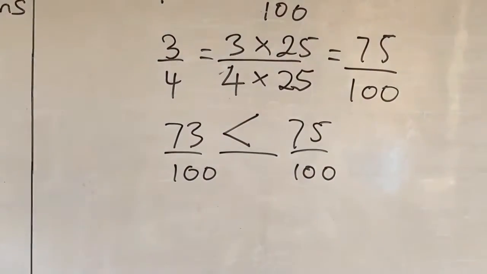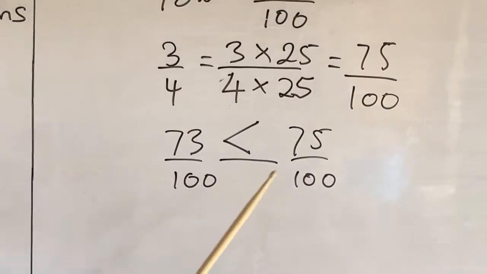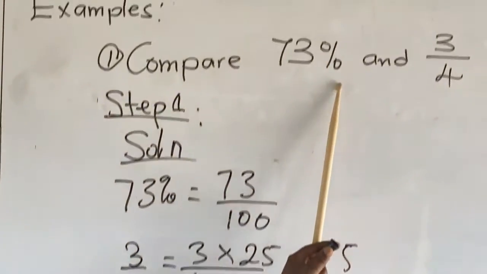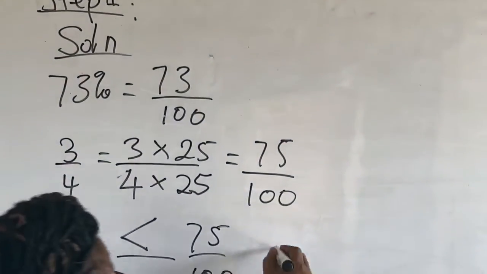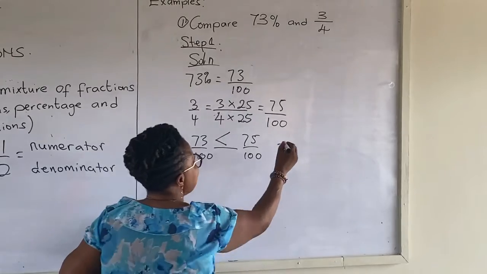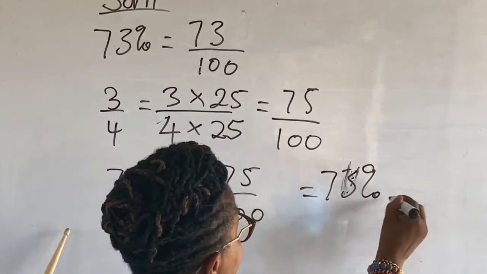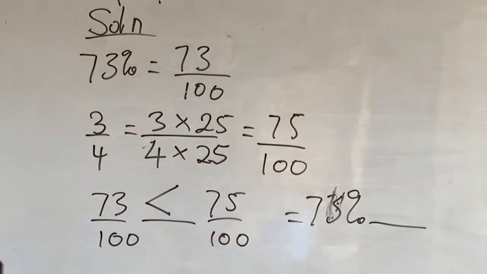Now, we are not done yet. We are not comparing 73 over 100 and 75 over 100. The question was 73% and 3/4. So, we now know that 73 over 100 is the same as 73%, and 75 over 100 is the same as 3/4.